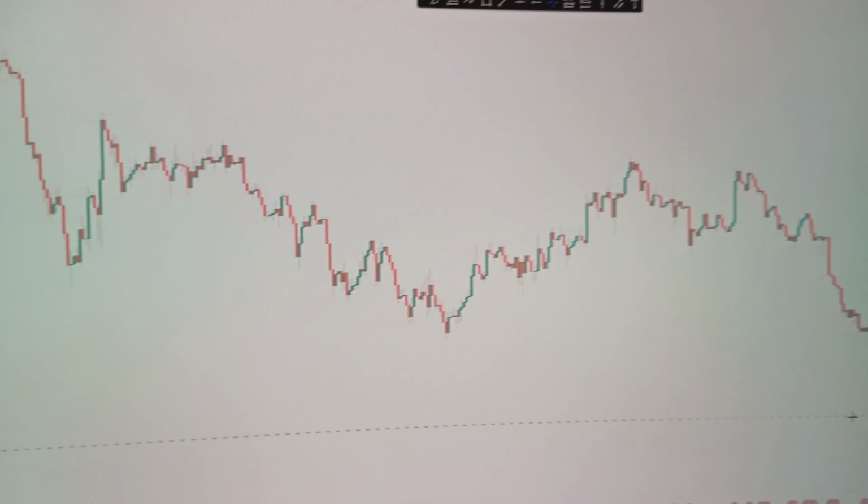From this spot, seeing this line right here, coming down to the next line that I placed there, it is all a downtrend. This is what I'm seeing on the chart.